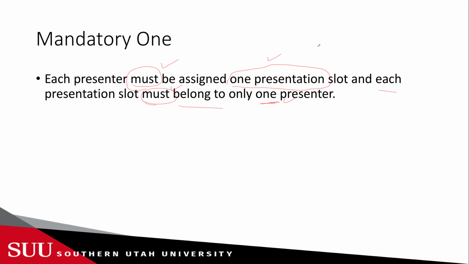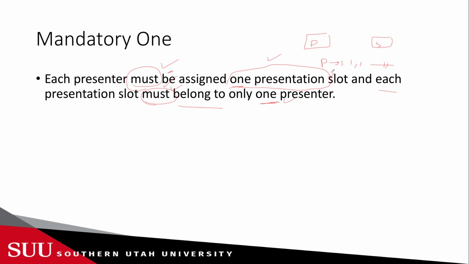If we want to analyze it like we did before, I will say, okay, this is presenter and this is going to be slot. So from presenter to slot, I have a must here and 1 here. So the minimum is 1 because I say it must have something, and the maximum is 1. So this is going to be my notation.